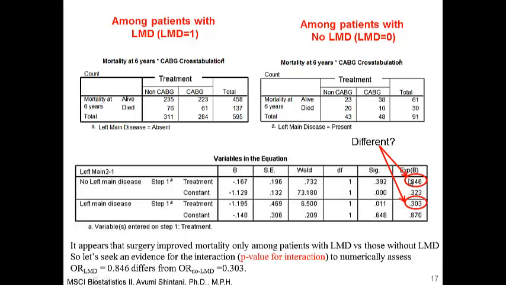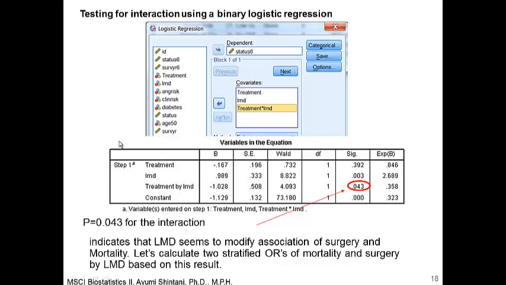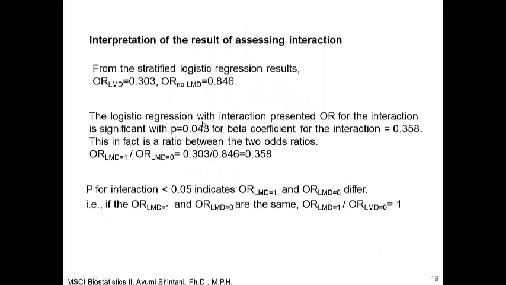So where can we get the odds ratio of treatment within LMD based on this model with interaction? You don't really have 0.303 here. Instead, if you multiply 0.846 by the odds ratio for the interaction, 0.358, it becomes 0.303.